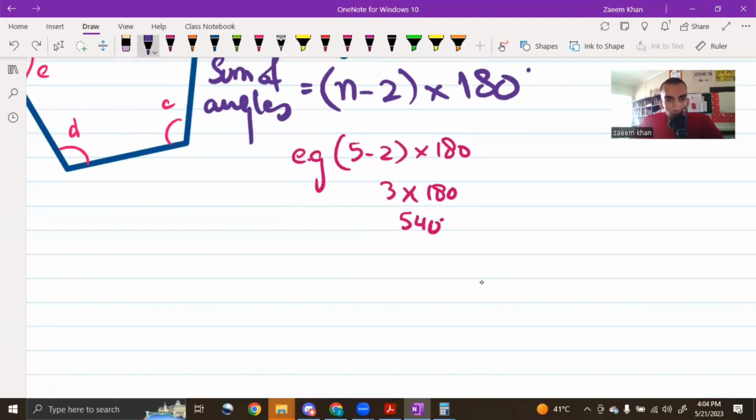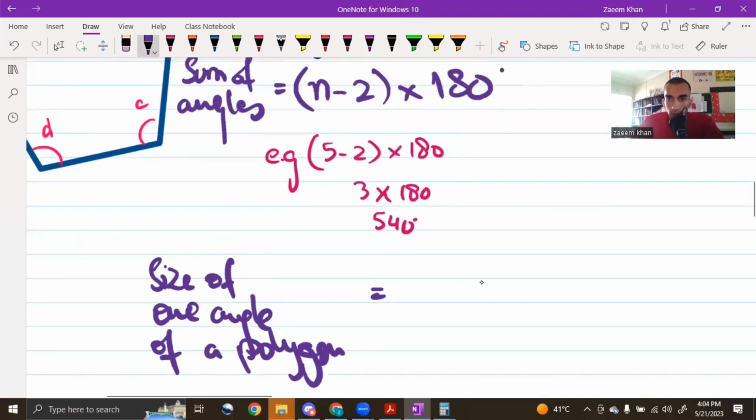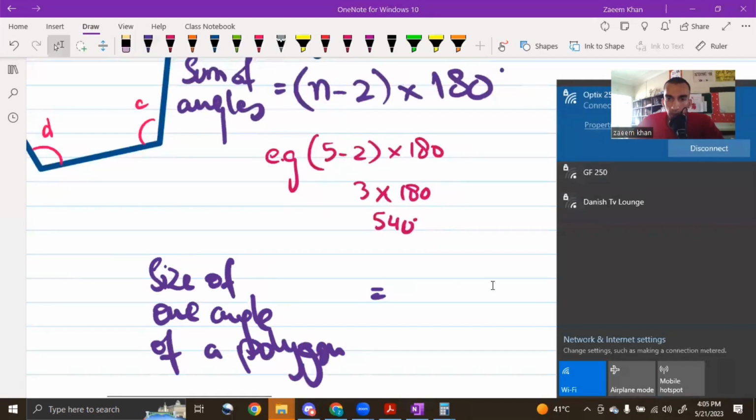If I were to find the size of one angle of a polygon instead of the sum of angles, what am I going to do? Are you with me? Yeah.